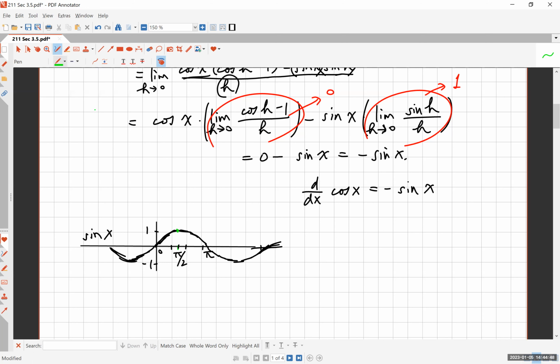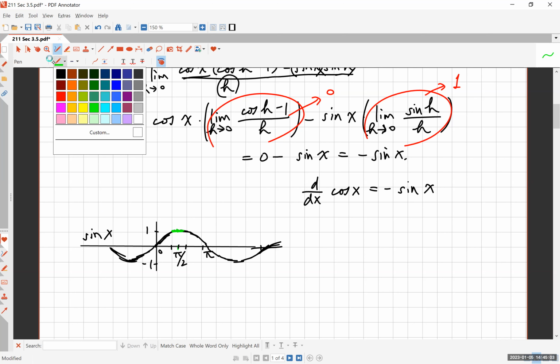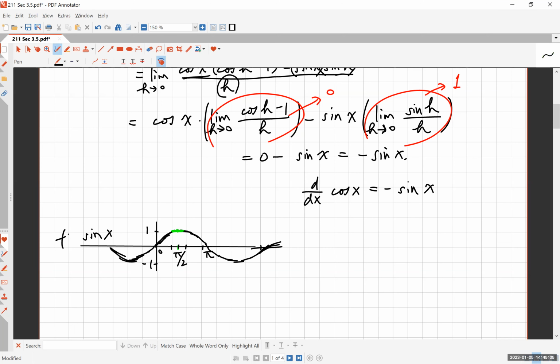Okay, what's the derivative of sine function at pi over 2? Now, from our experience, we know this is the highest point where the derivative is 0. Is that right? Okay, so all right, f of x is sine of x.